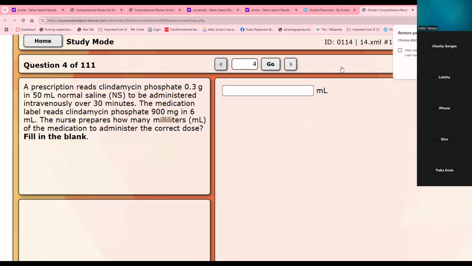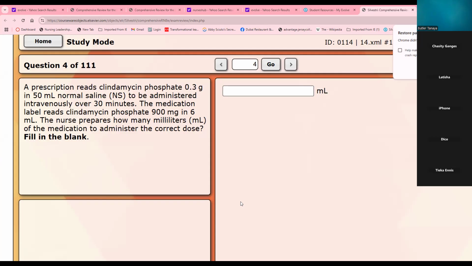So here we have a desired dose of 0.3 grams. And what do we have on hand? 900 milligrams per 6 mLs. Okay. So now we go to the whiteboard.